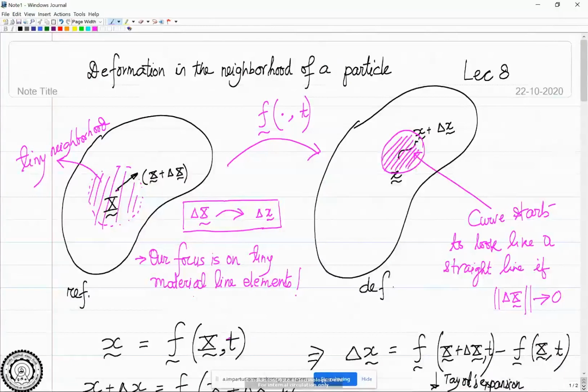As you change from capital X to another point, let's say capital Y, you will have a different deformation gradient at capital Y. So the neighborhood will transform differently because the deformation gradient changes in general.